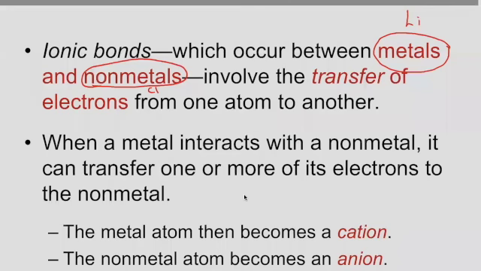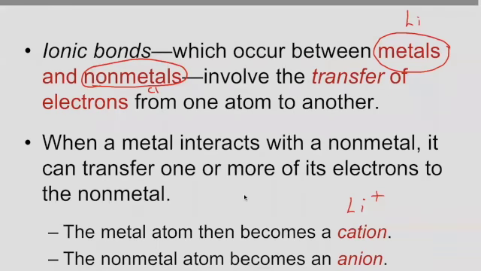The metal, because it's giving away the electron, is going to become a cation. It's going to become lithium plus. The non-metal, because it's receiving the electron, is going to become an anion, Cl minus.